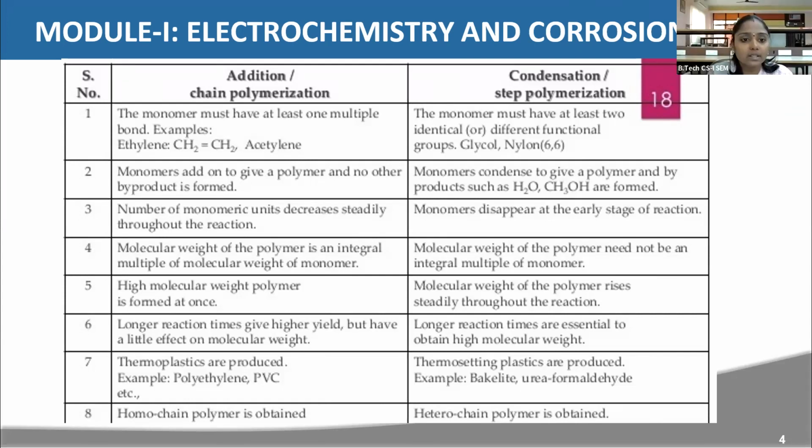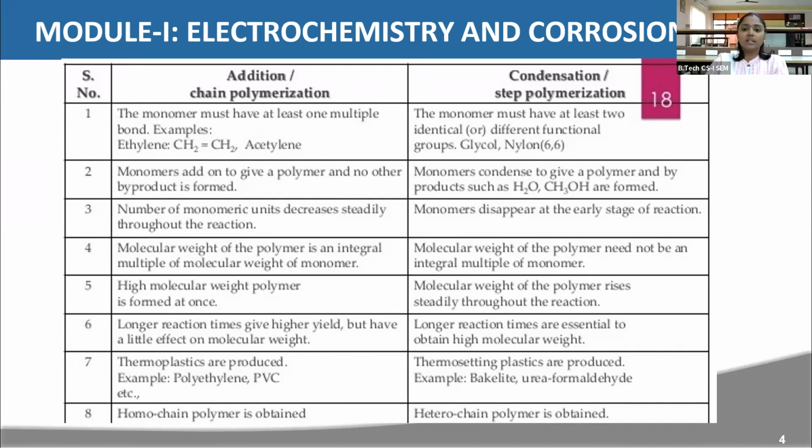At the starting stage the monomers disappear, and they convert into polymer. The molecular weight of the polymer is an integral multiple of the molecular weight of the monomer in chain polymerization. In step polymerization, the molecular weight of the polymer need not be an integral multiple of the monomer.